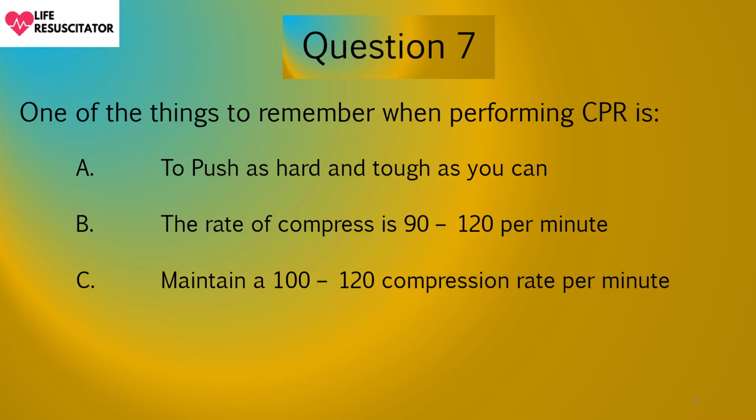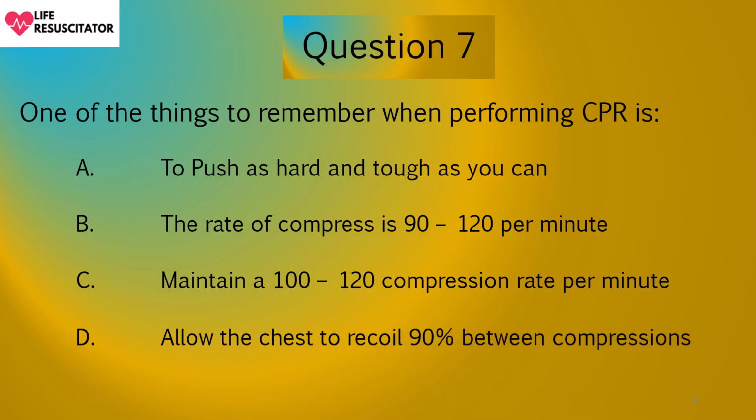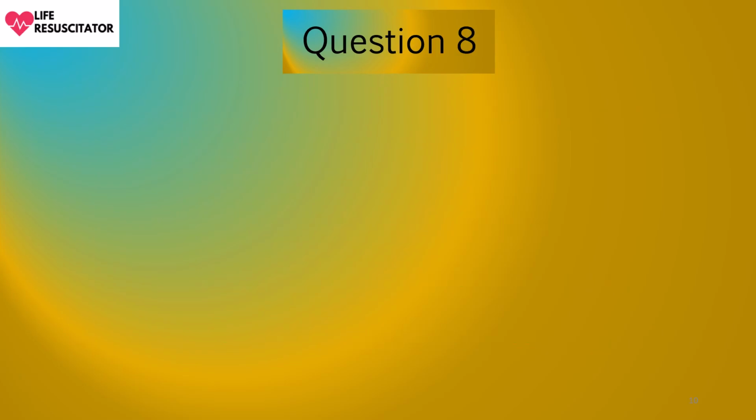C, maintain 100 to 120 compression rate per minute. D, allow the chest to recoil 100% between compressions. Which option is correct? Indicate it on your piece of paper, and let us go to question 8.